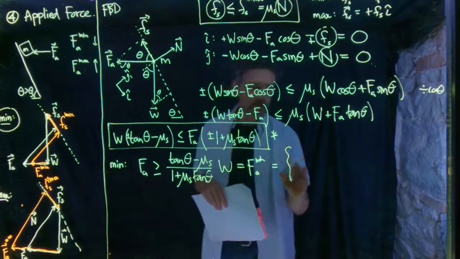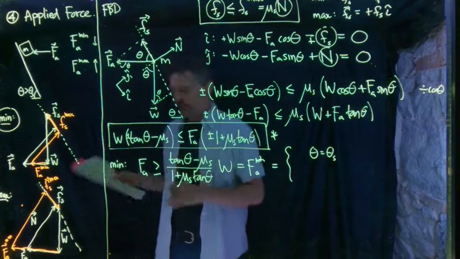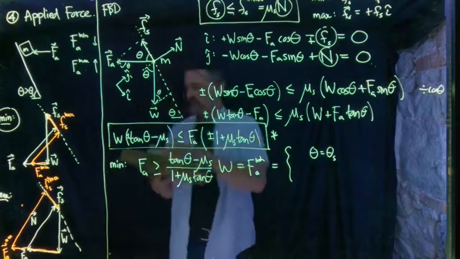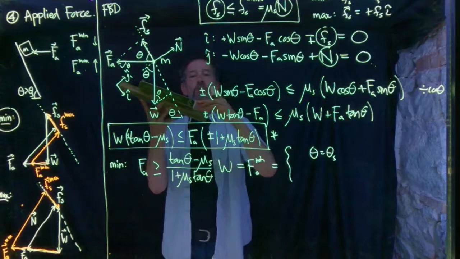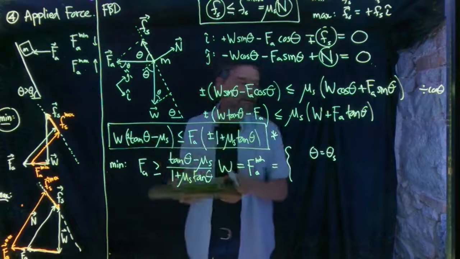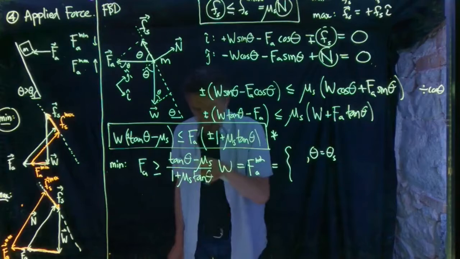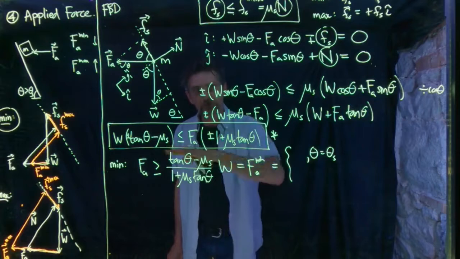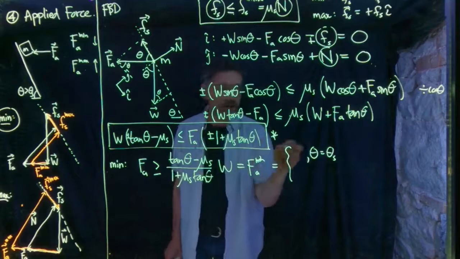In that case, we have cranked it up just before it slides, which means we don't have to apply any force to keep it from sliding down, so the answer should be 0. Let's see if that's the case. If we put theta equal to theta static in this formula, we have tan theta static, which is the critical slope, and that's equal to mu s. So tan theta static minus mu s is 0, and that's correct.